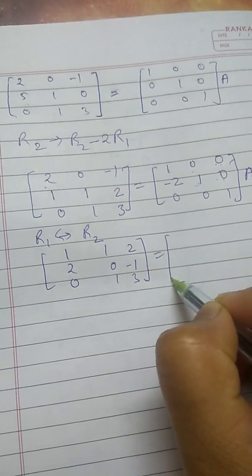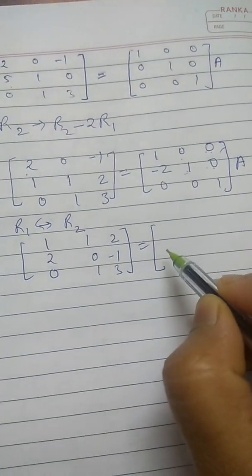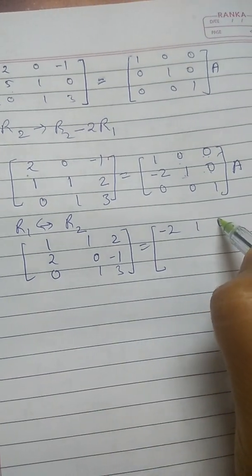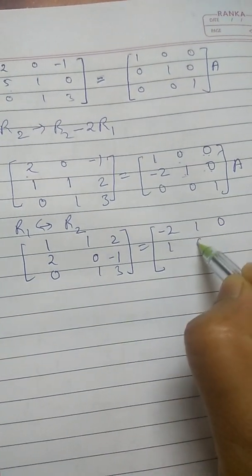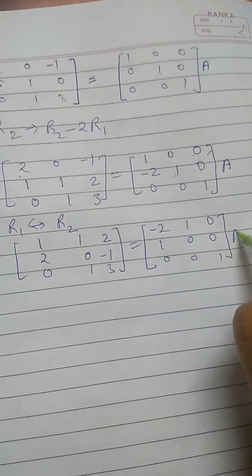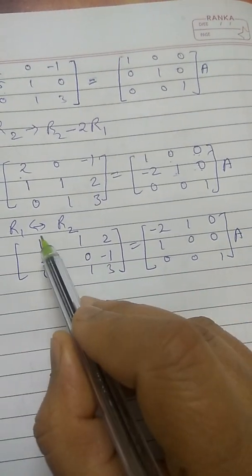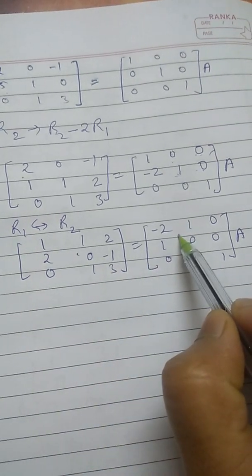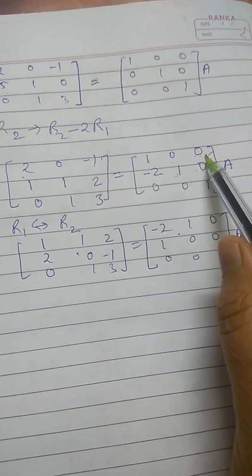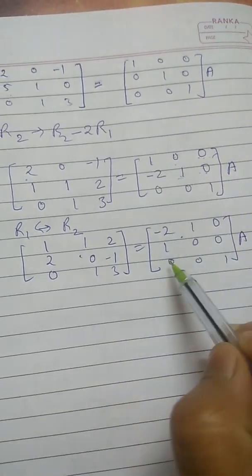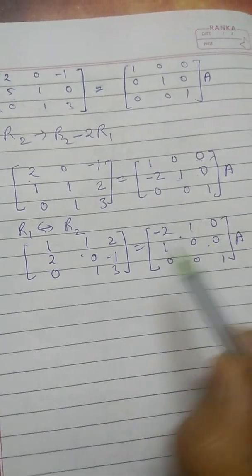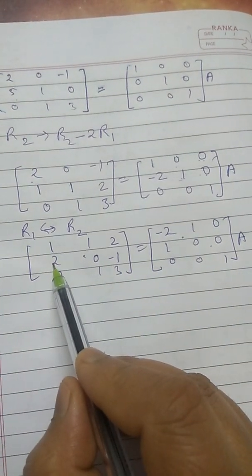The same operation we apply on the right hand side: -2 1 0 in the first row, 1 0 0 in the second row, 0 0 1 into A. Because whatever operation we apply on the left hand side, we also apply on the right hand side. That means the second row takes the first row place and the first row takes the second row place. Is it clear?